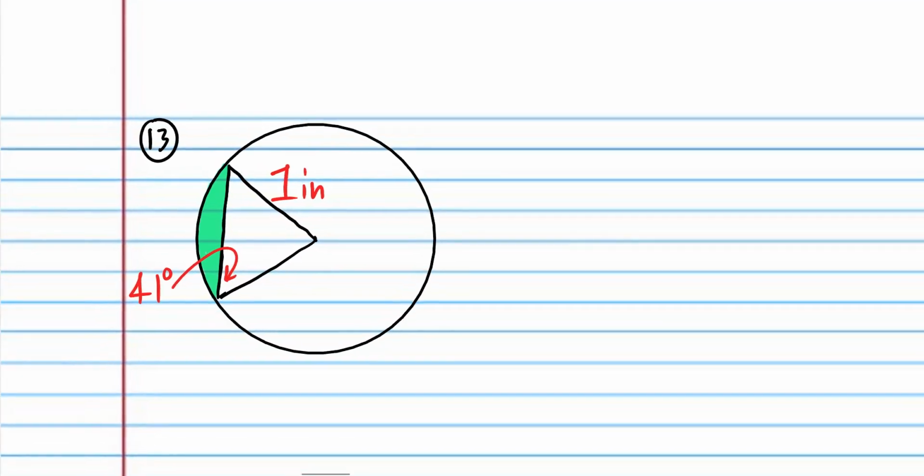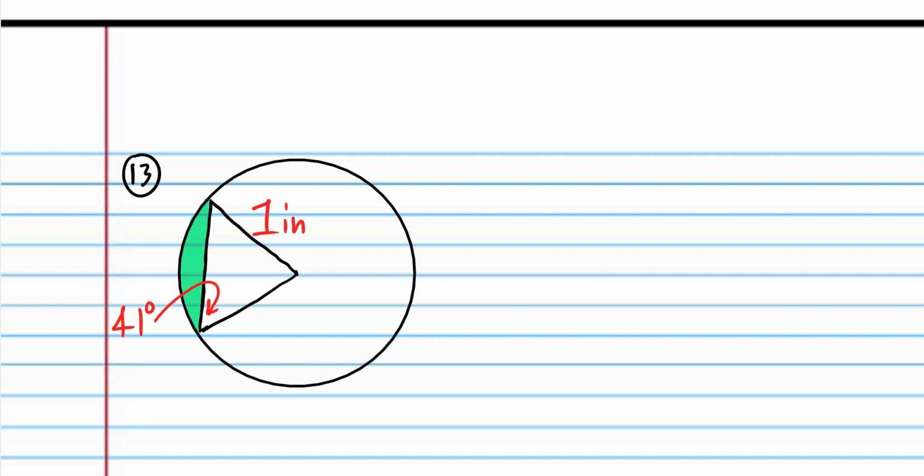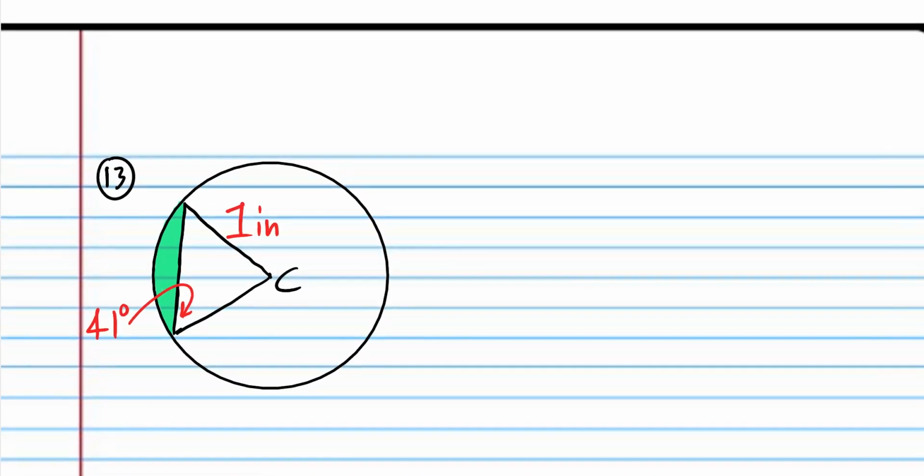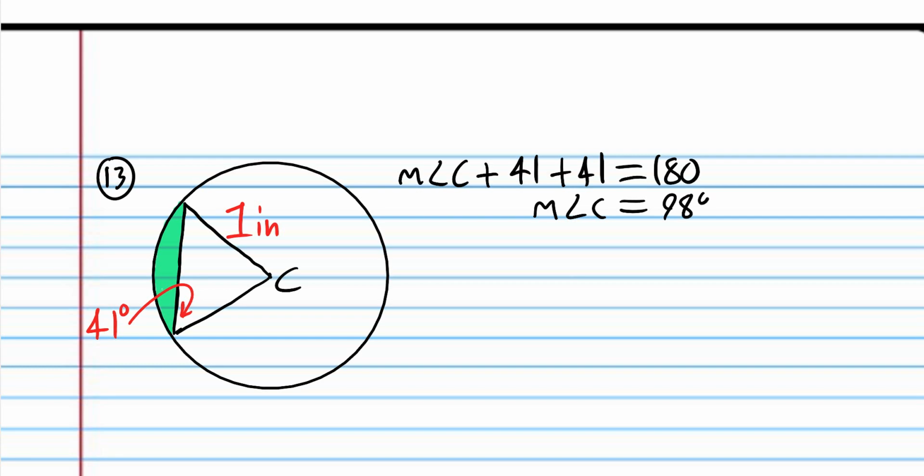So if this angle is 41, then this angle must be 41 also, and we can use those two angles to find the central angle using the triangle sum theorem. If we call this circle C, we'll just label that C, then the measure of angle C plus 41 plus 41 is equal to 180. And just doing the math on that, we get the measure of angle C is equal to 98 degrees.